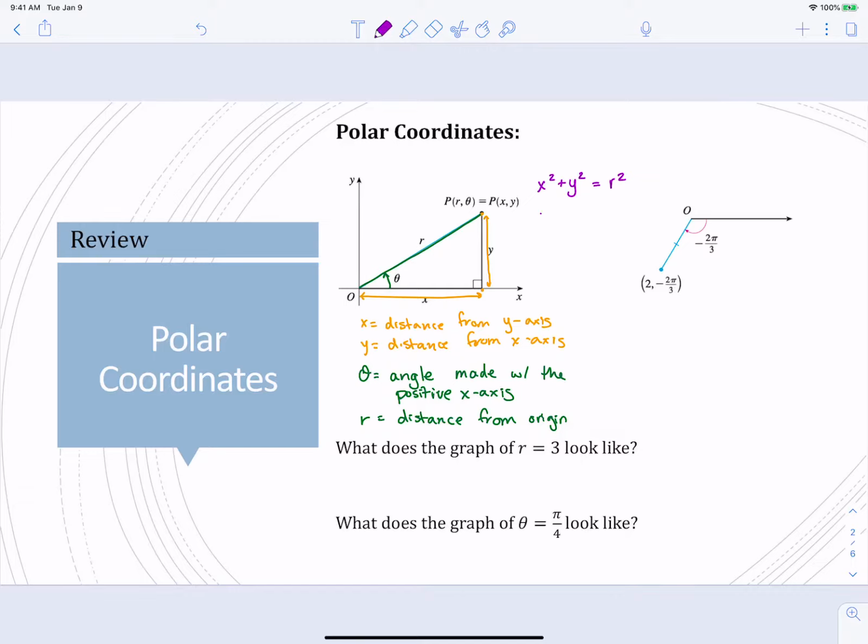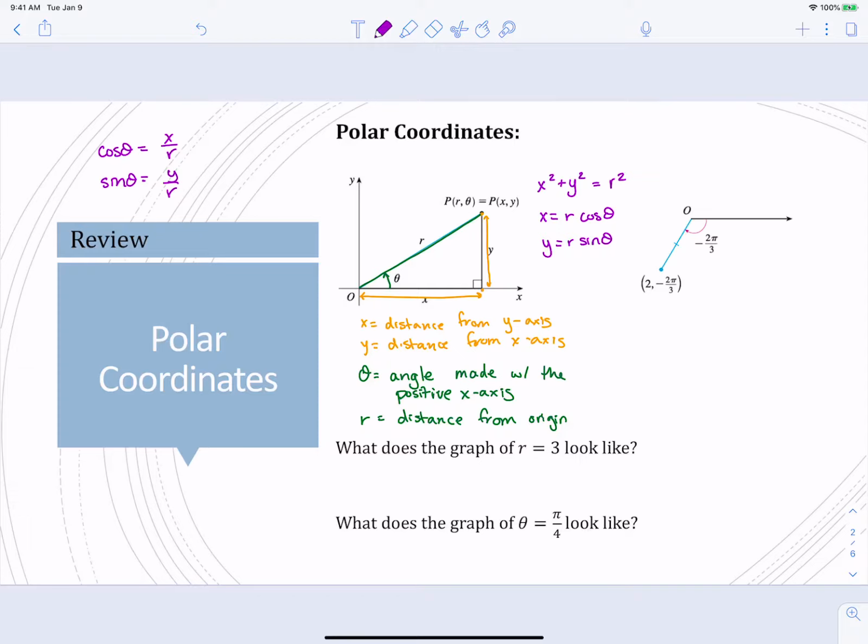And also x is equal to r cosine of theta, and y is equal to r sine of theta. Those just come from our trig ratios, that cosine of theta is our adjacent side over our radius, and sine of theta is our opposite over our radius. And then you can solve those for x and y. Again, these are probably things that you saw in trigonometry. You may or may not have called them polar coordinates, but hopefully these are things that you're familiar with.